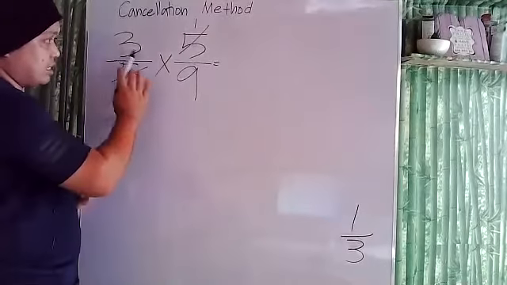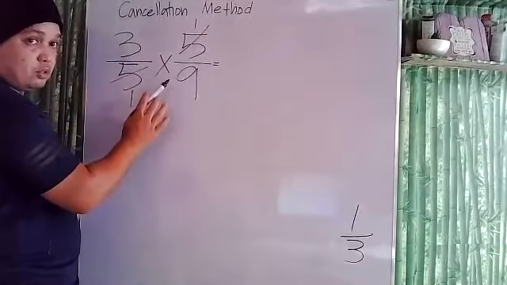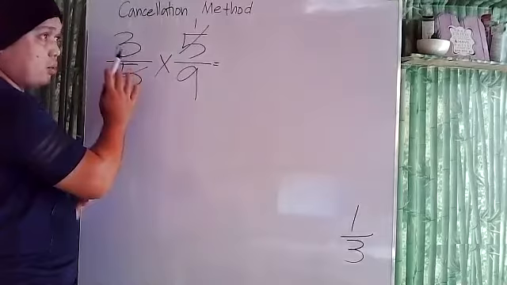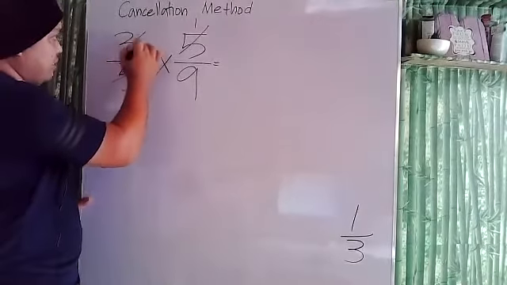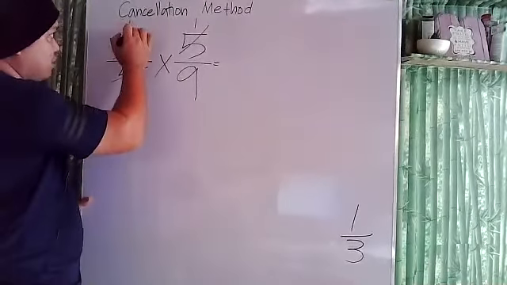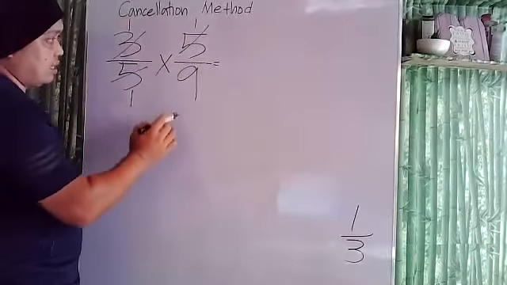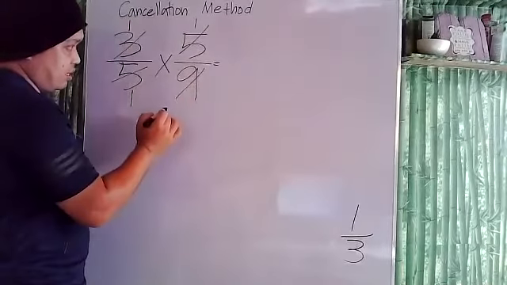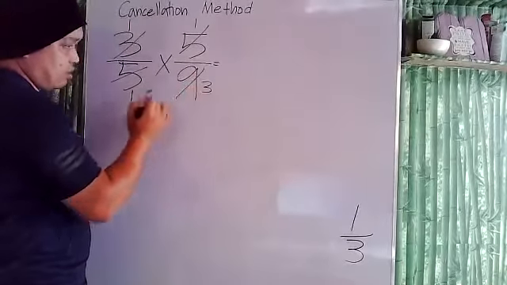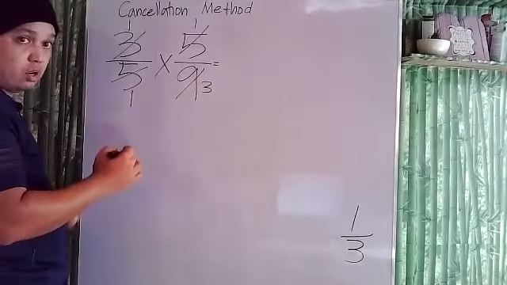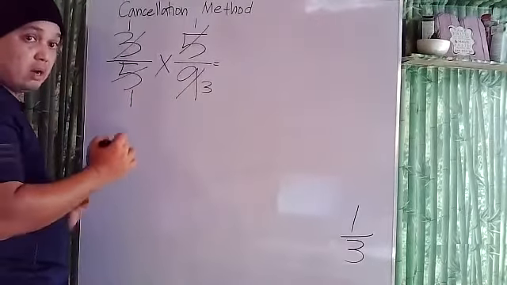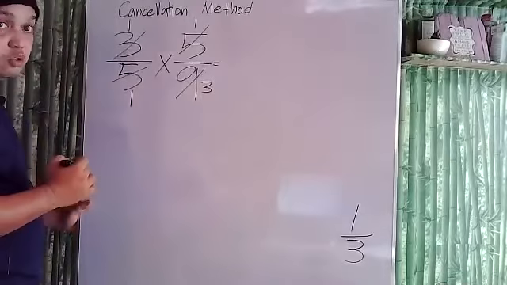Now, let's divide the other two. They are both divisible by 3. 3 divided by 3 is 1, and 9 divided by 3 is 3. So we have cancelled crosswise. We can now multiply.